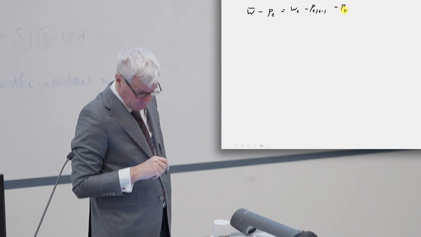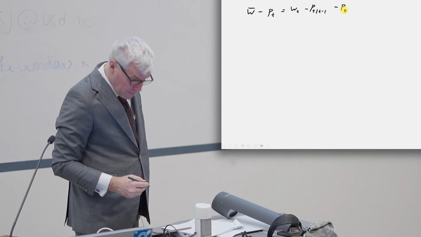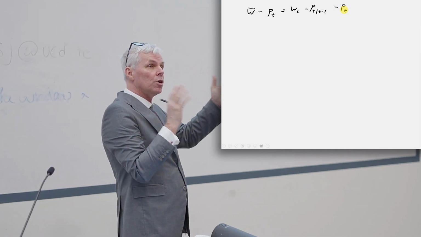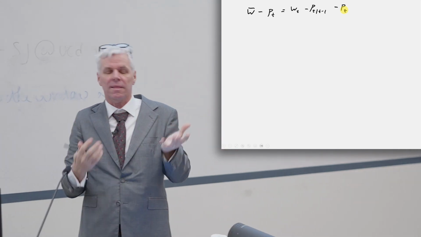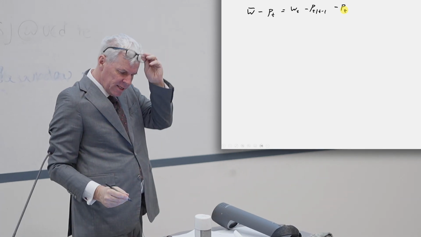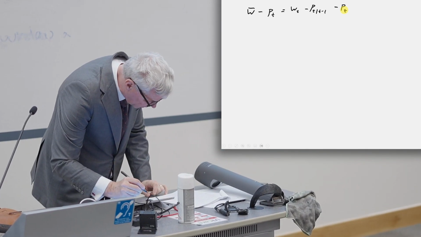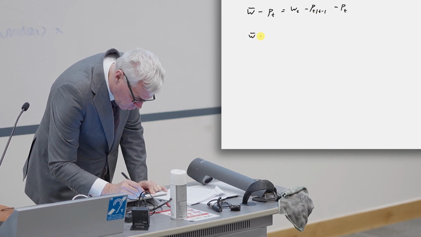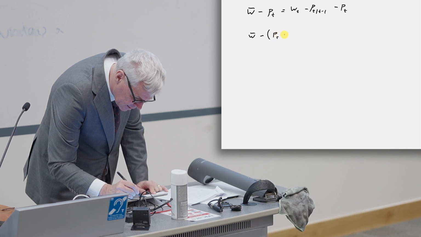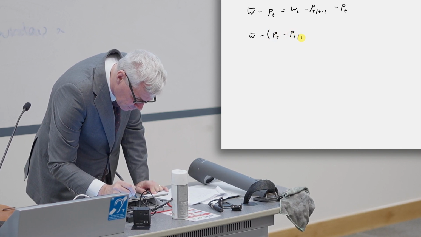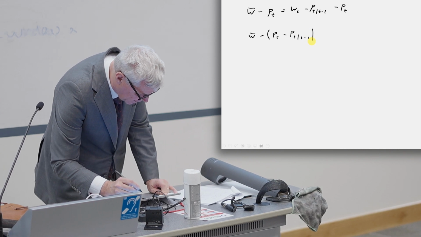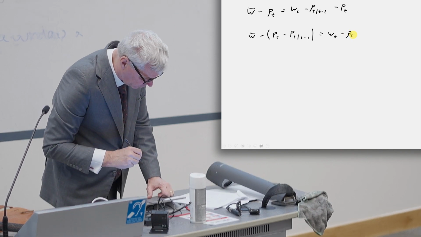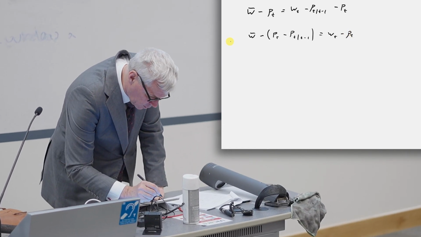I can do that. Why do I want to? Well, because I'm really interested in what is the real wage going to be, because my other equation had the real wage floating around in it. So I want to get things in terms of the real wage, and the real wage is w_t minus p_t. And so I'm going to write this as W bar, taking the p_t given t minus 1 over here, so I get p_t minus p_t given t minus 1 on the left-hand side, and that equals w_t minus p_t. And this I am going to call equation 4.